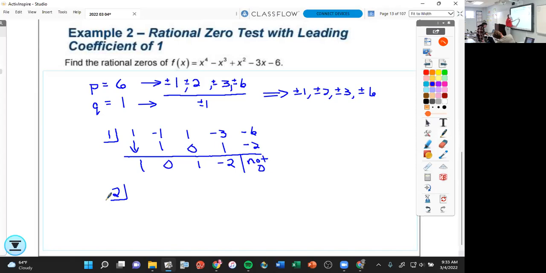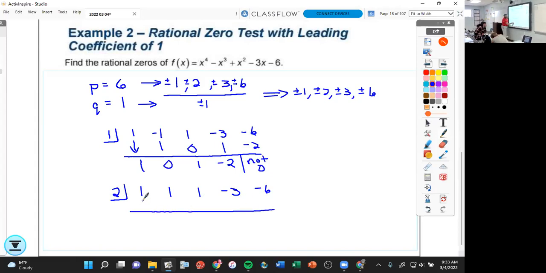My coefficients are the same. 1, -1, 1, -3, -6. Bring the 1 down. Multiply. 2 times 1 is 2. Combine. Okay.